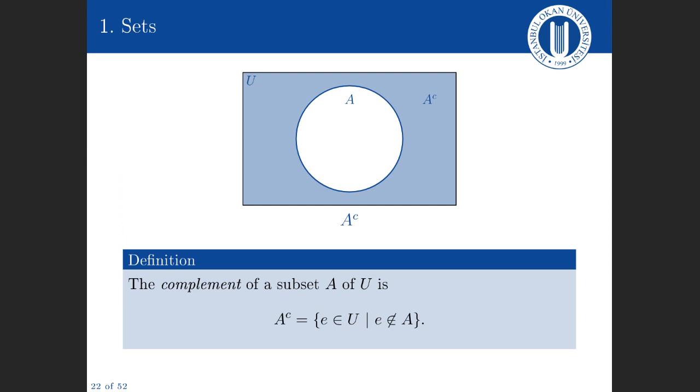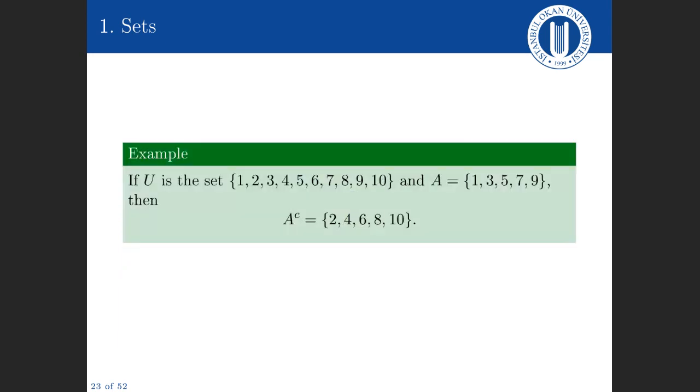The complement of A is all of the elements in the universal set which are not in A. For example, if U is the set containing the numbers 1, 2, 3, 4, 5, 6, 7, 8, 9, and 10, and A is the set containing the odd numbers 1, 3, 5, 7, and 9, then the complement of A must be the set containing the even numbers 2, 4, 6, 8, and 10.